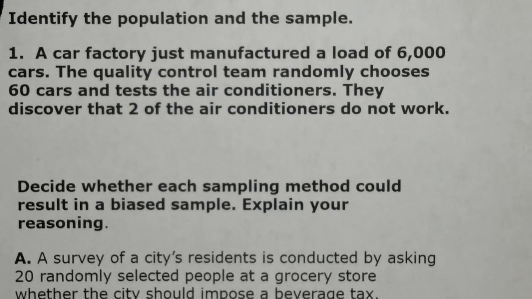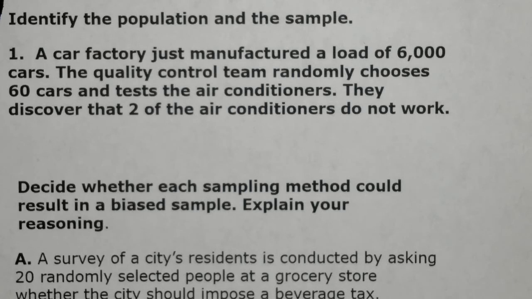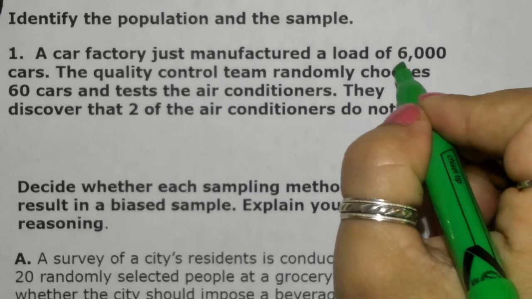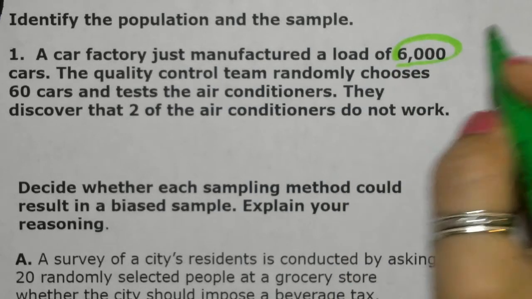So I wanted to go over some problems. Identify the population and the sample. A car factory just manufactured a load of 6,000 cars. The quality control team randomly chooses 60 cars and tests the air conditioners. They discover that 2 of the air conditioners do not work. Population is the total group, so right here, 6,000, that is all of the cars.